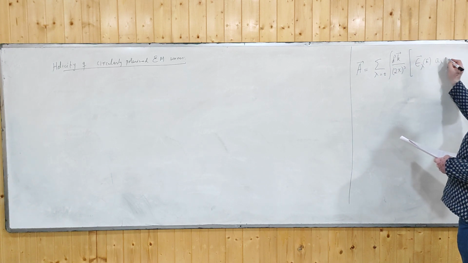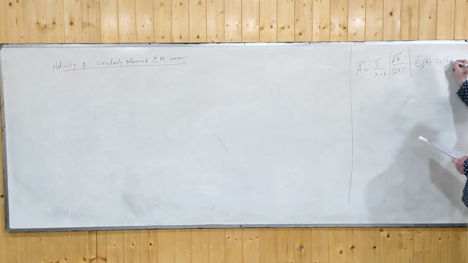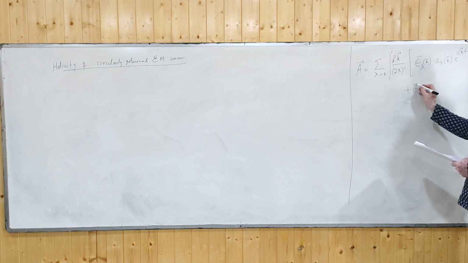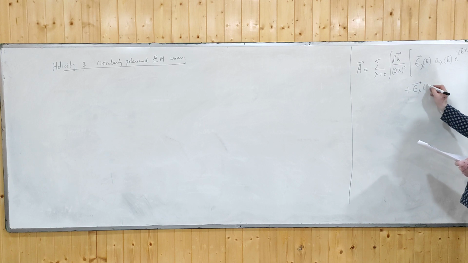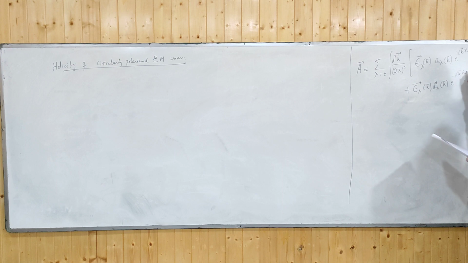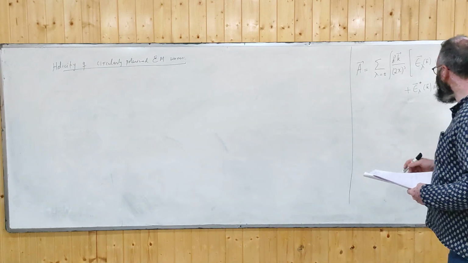Then you have this a lambda, the amplitude for a wave, e to the i (k dot r minus omega t), and its conjugate. This is the superposition principle we have studied in the last lecture.